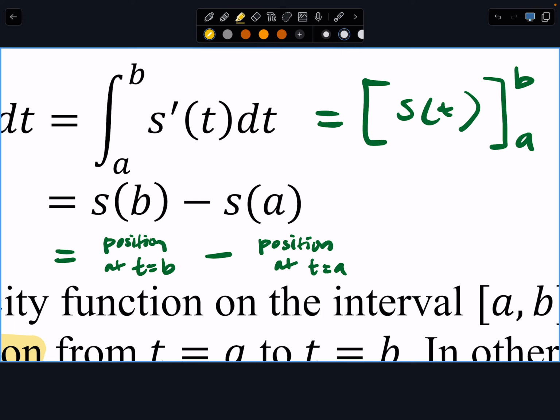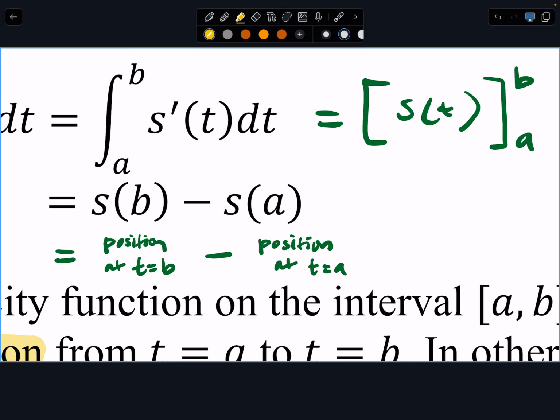If we take a step back and think about the definition of the definite integral, remember, this came about from thinking about adding up infinitely many rectangles. If we have a positive function on the interval from a to b, we're adding up the areas of infinitely many rectangles.